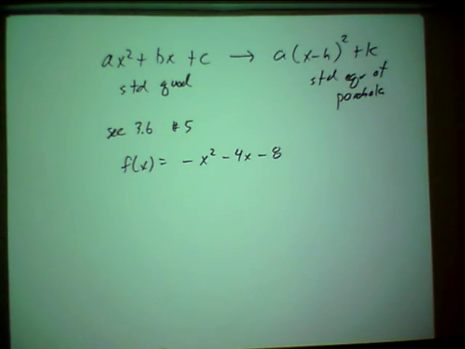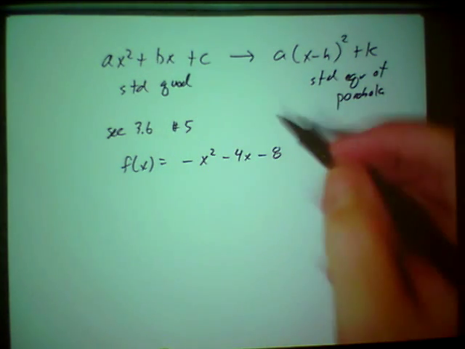Now the principle we're going to use is completing the square. But before we start completing the square, you have to make sure that there is no coefficient in front of your squared term. You have to make sure there's nothing in front of the x squared. A number, or even here, we have a negative sign. We can't even have that negative there.